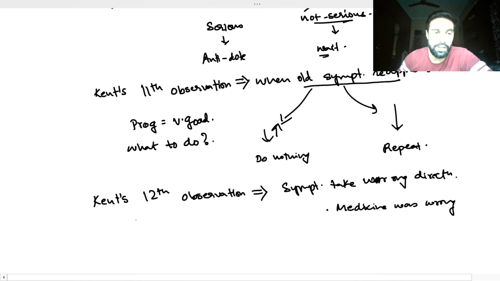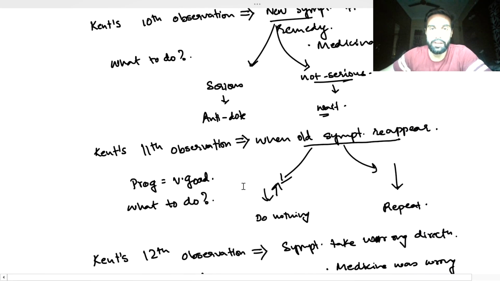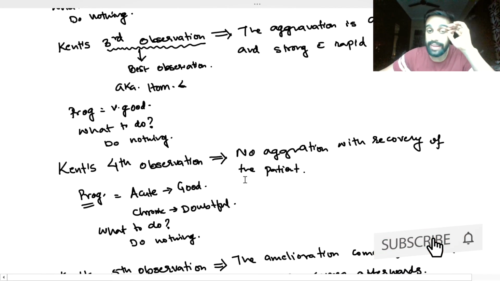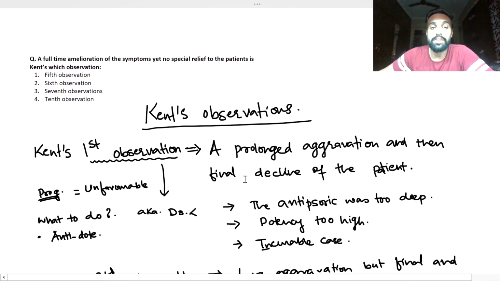So the prognosis is bad. And what to do? You need to antidote. So these were the 12 Kent's observations that you need to remember on your fingertips for exam. You just expect that in any competitive exam that you are appearing, you will at least get one MCQ from this topic.